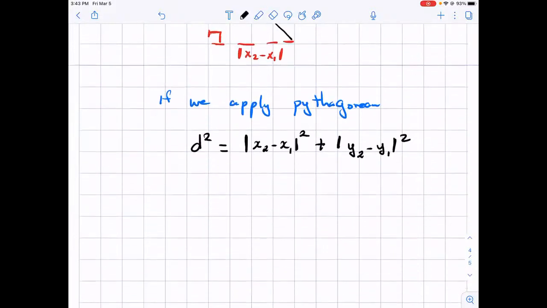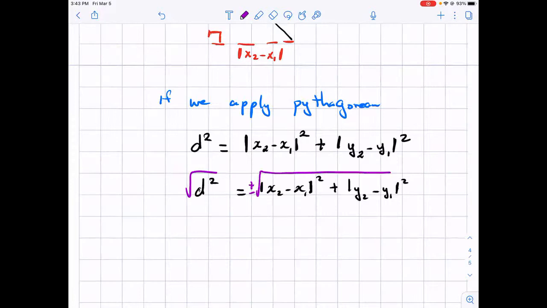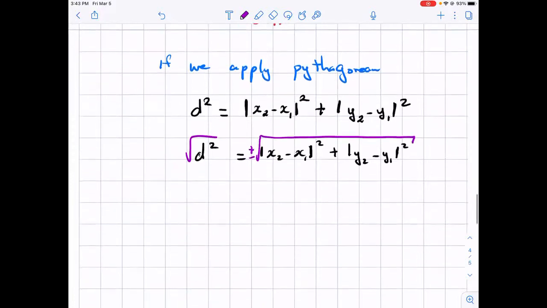And if we leave d by itself by taking the square root of both sides, remember we're supposed to get plus or minus the square root of this side, but because we're speaking of distance, we cannot have negative.